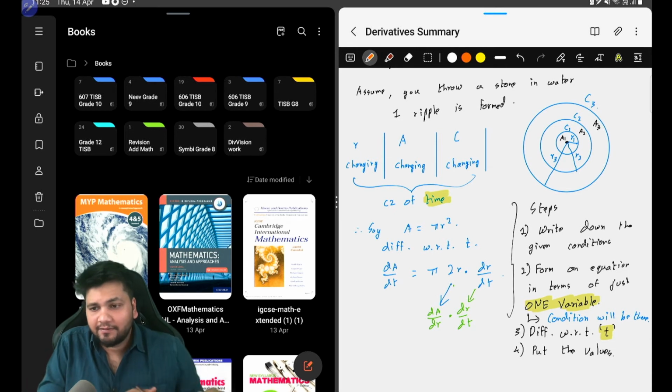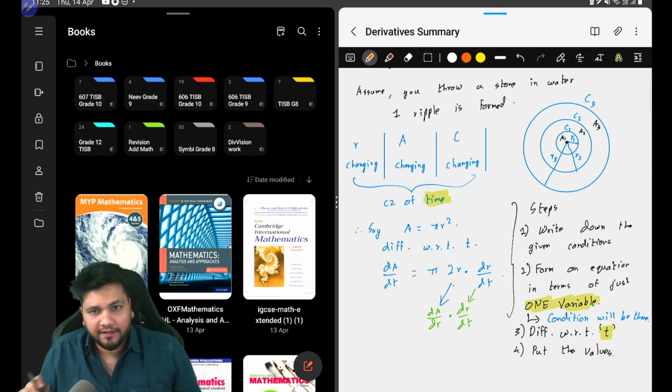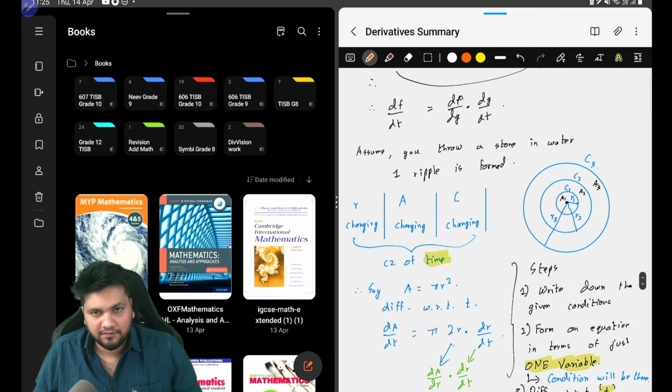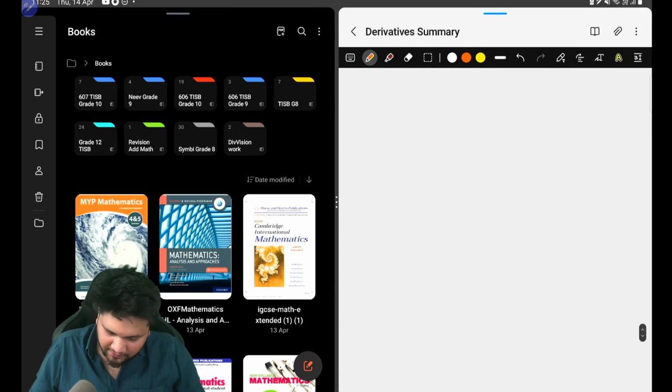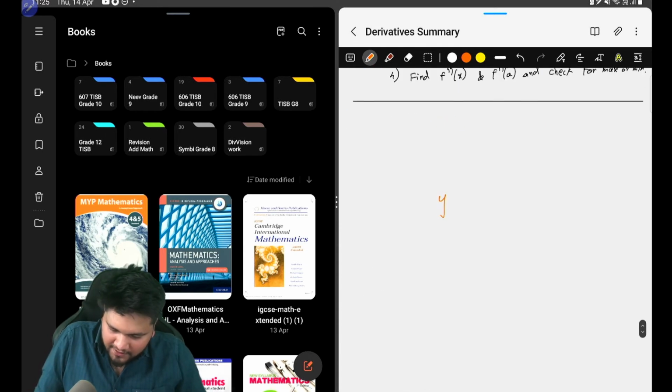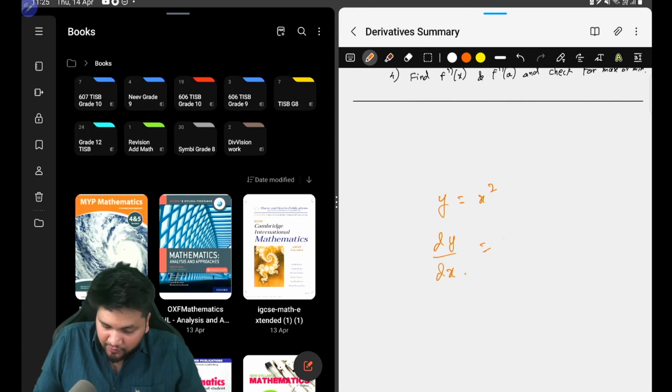I know you are using dA by dt as dA by dr into dr by dt, but I'd still prefer that you use one technique for everything, because you will use this for optimization, I mean the other application as well. So just differentiate with respect to t. In general, if y is equal to x square and I differentiate with respect to x, dy by dx, x square would be 2x into dx by dx.